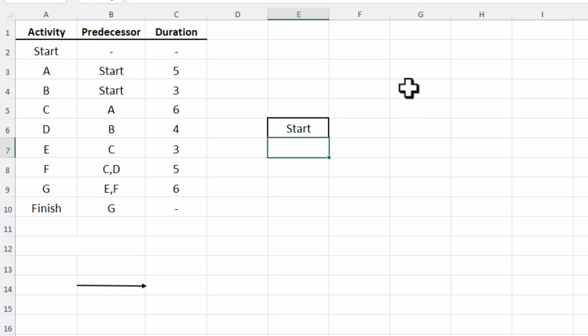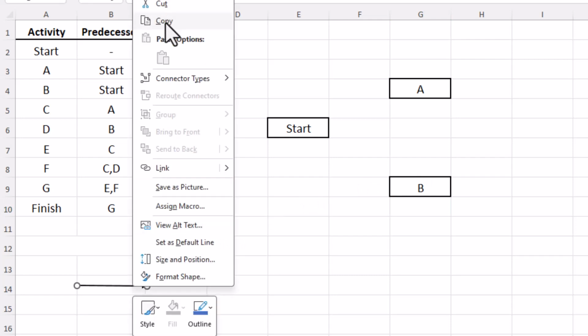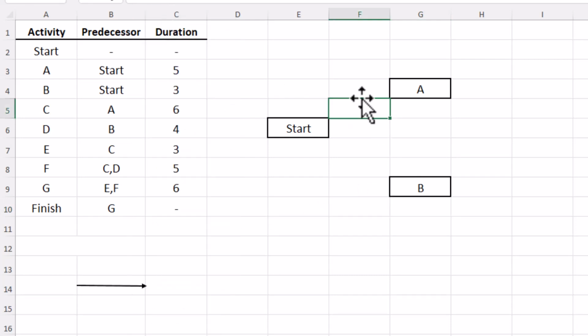I'll place A here and I'll place B here. And then draw the arrows. So I'm just copying and pasting.